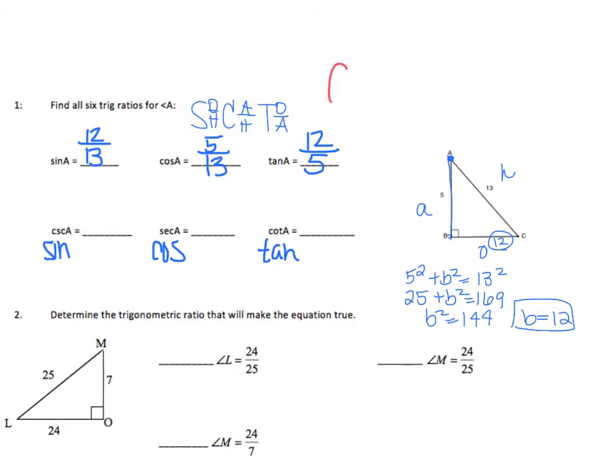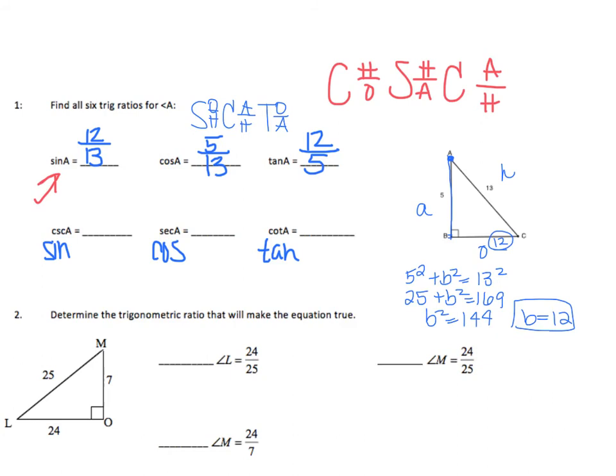So you can say cosecant is hypotenuse over opposite, secant is hypotenuse over adjacent, and cotangent is adjacent over opposite. So you can flip that, or you can always just find the main identities that you learned last year and just take the reciprocal of it.